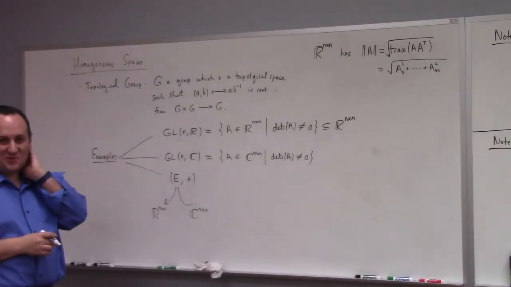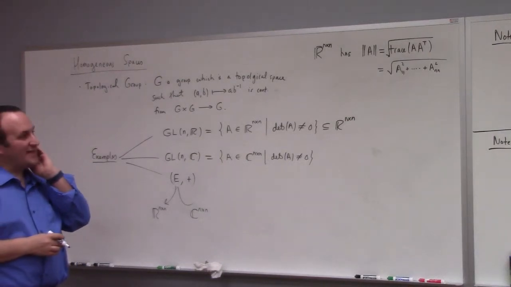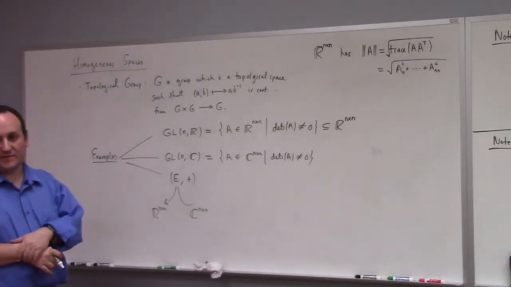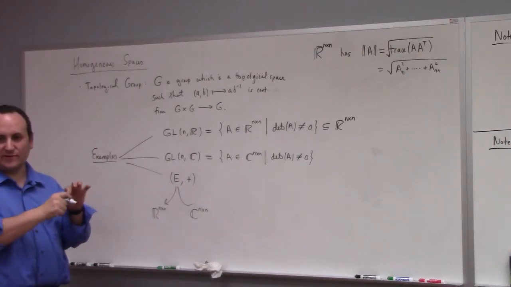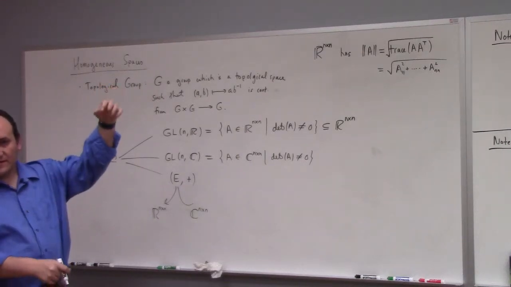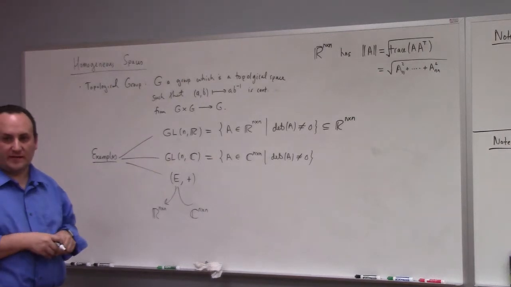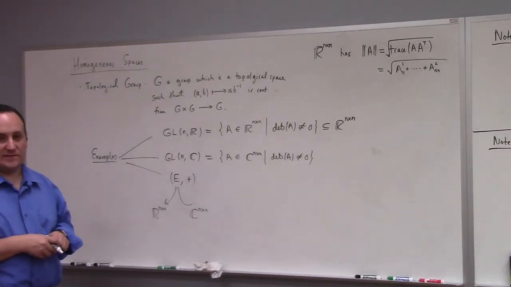That may not be obvious to you, but it's true. That's the norm on n by n matrices. It's just like taking the matrix and stringing it out into an n squared vector and using the usual notion of vector length, the so-called Frobenius norm on matrices.